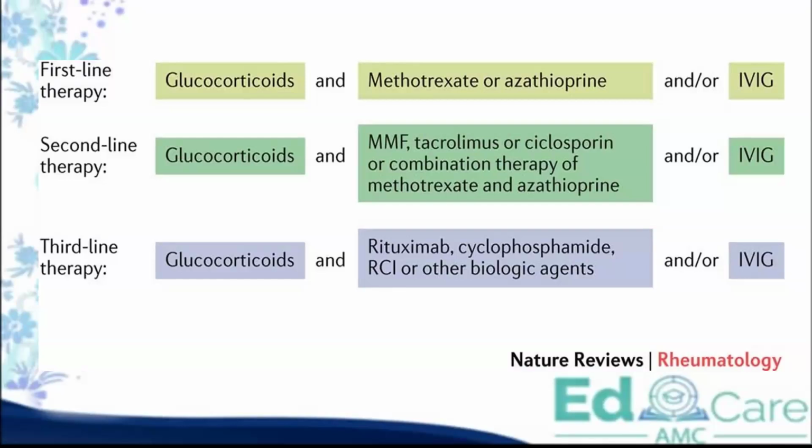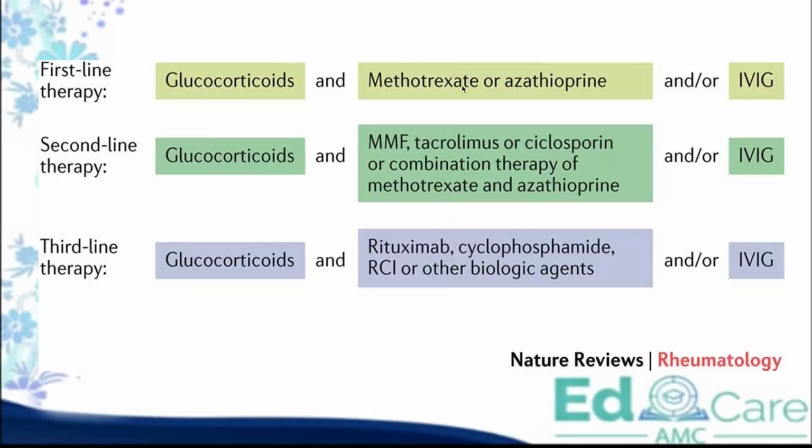But you can add to that, at the initial stage, either methotrexate or azathioprine, right? If that's not responding, then second line therapy is MMF, tacrolimus, or cyclophosphamide. These are all immunosuppressants, right? Or you can go to a combination of methotrexate and azathioprine.